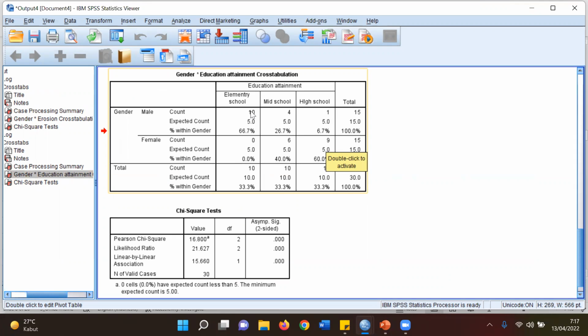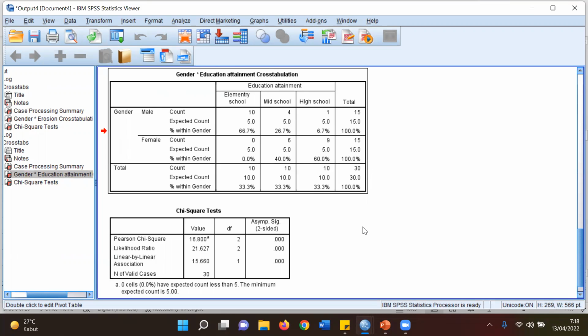So you can compare that. It looks like the females are more educated than the males in terms of this data set or this research. So yes, the substance and the statistical test showed that yes, there is a difference of education attainment between genders.